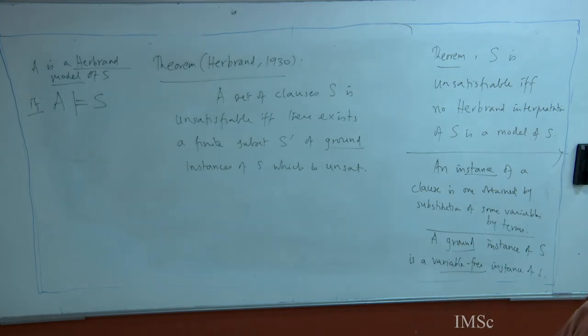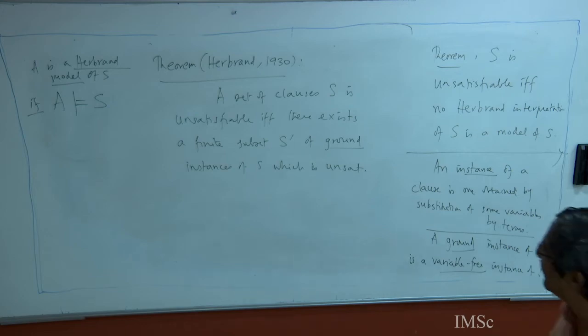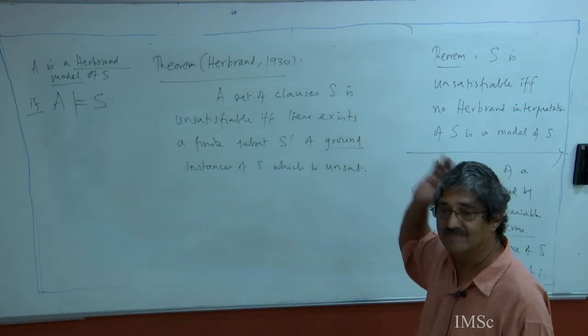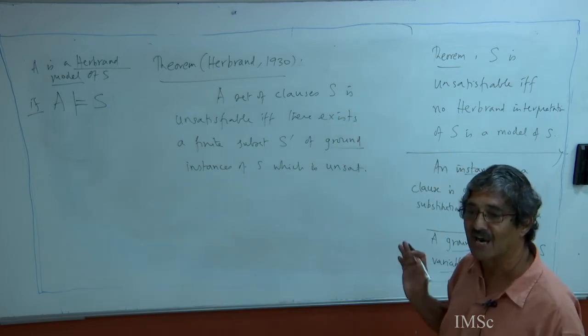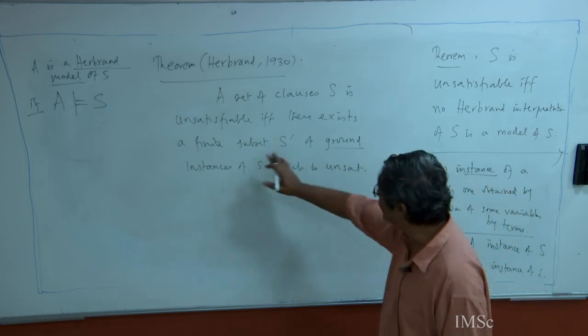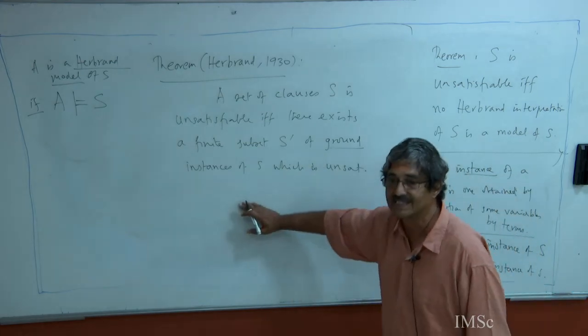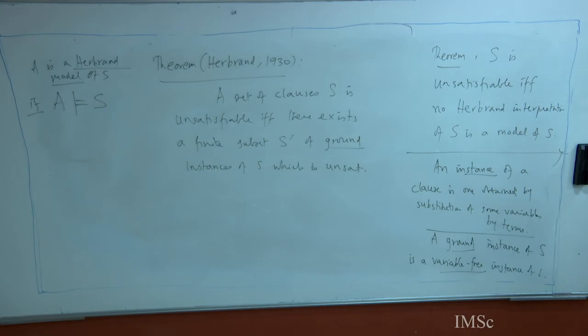Herbrand's theorem assures you that if your set of clauses has a refutation at all, then there is a finite subset of ground instances which is unsatisfiable.